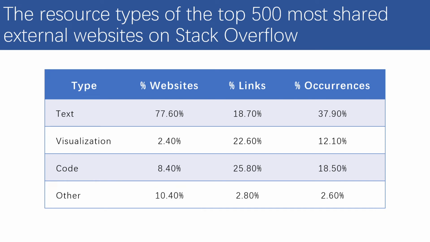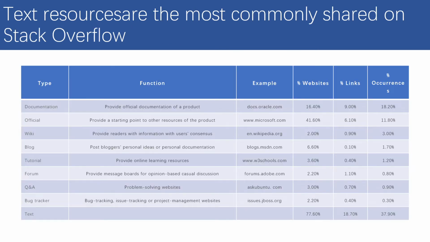We perform a series of open coding processes to identify the types of resources and the types of websites on Stack Overflow. This table shows the types of resources that are shared on Stack Overflow. Text resources, such as the resources hosted in documentation websites and official websites, are the most commonly shared on Stack Overflow.